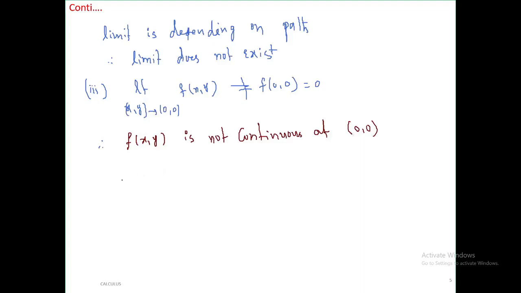Next one. Now let us move on to fx at 0 0 and fy at 0 0. I need to show that these two exist. So first, how to calculate fx? Fx is nothing but dou f by dou x. You can do it in two ways.